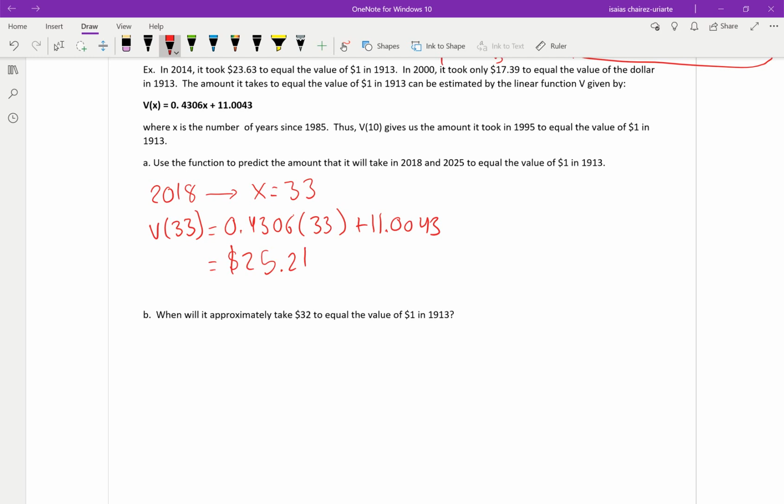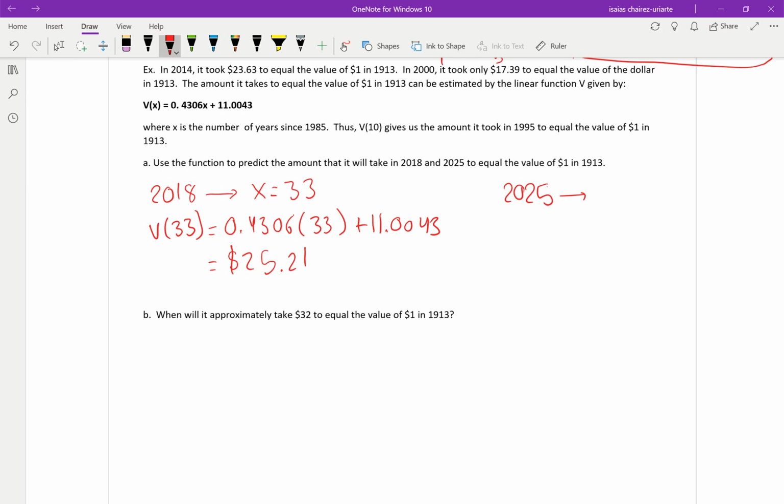Let's think about the next one. 2025. What x corresponds to the year 2025? How many years since 1985 is 2025? I think that is going to be 40 years. That is definitely 40 years.